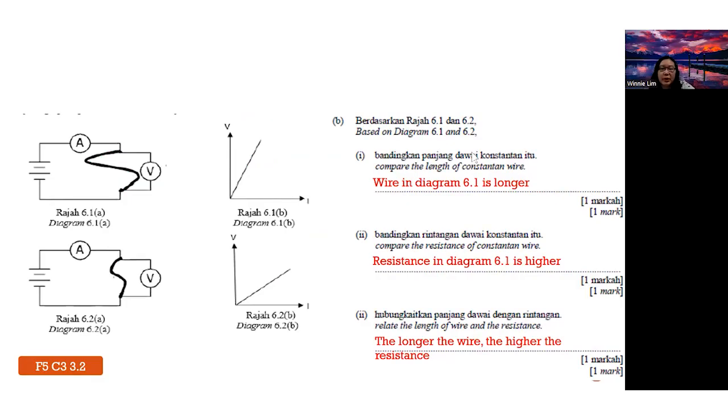Good that you mentioned 6.1A, 6.1B is higher. Again, for relationship questions, you can always use the term directly proportional or inversely proportional. So in this case, you can also say the length of the wire is directly proportional to the resistance.